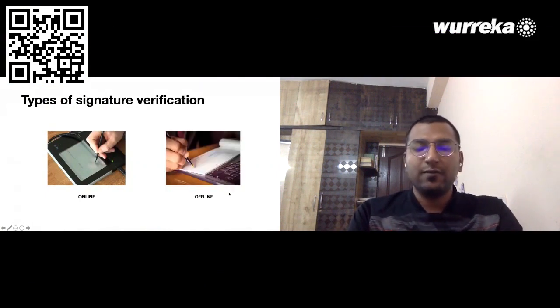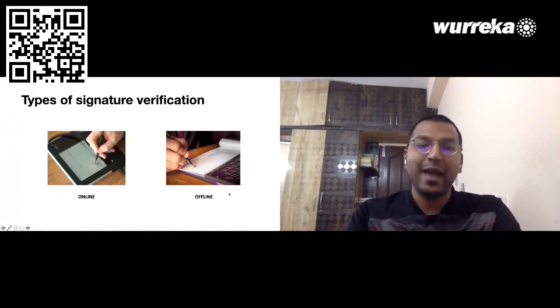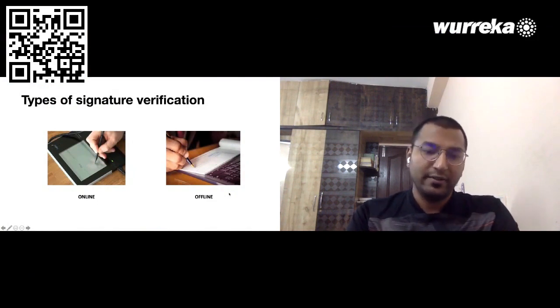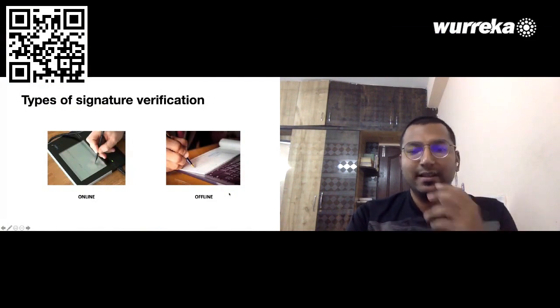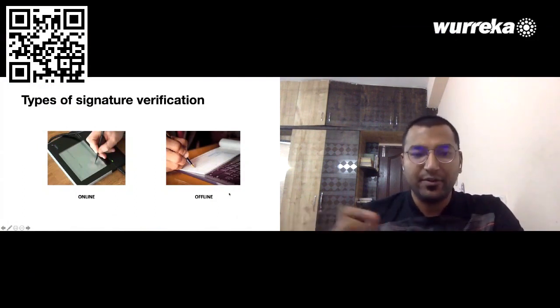On the other hand, the offline signature is a bit different and is usually captured by a scanner or any other imaging devices, which basically produces two-dimensional signature images. Online verification systems generally perform better than their offline counterpart because other data are also available, the complementary information such as the stroke order, the speed and pressure, all those things.